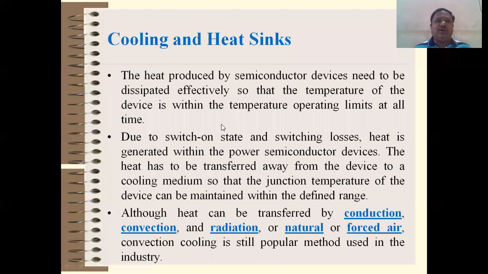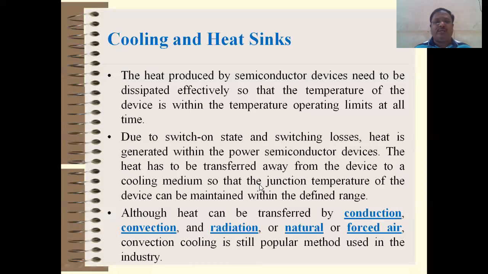Because, as we know, we have already learned the safe operating area for power devices. In that safe operating area, the maximum current handling capacity, maximum voltage handling capacity, and even maximum temperature handling capacity are already seen, right? Due to on-state and switching losses, heat is generated within a power semiconductor device.